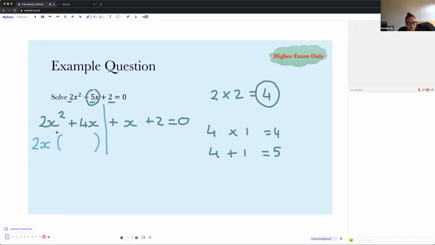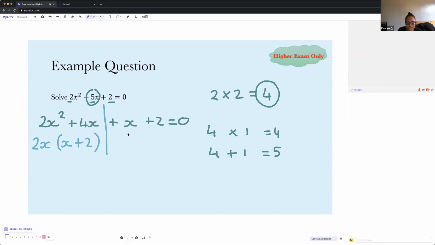What's going to go inside the bracket is an x plus 2, because remember, 2x squared divided by 2x will give me an x, and 4x divided by 2x will give me a 2. So this is this left-hand expression factorized fully. Now on the right hand side, there's no common factors in x and in 2.